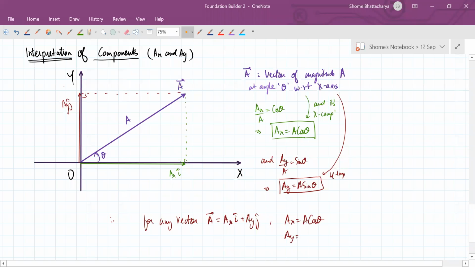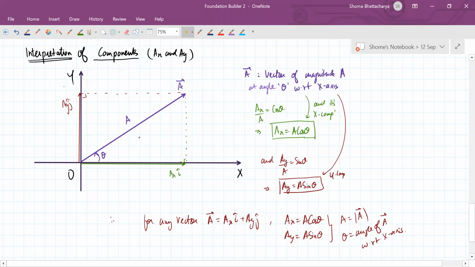The quantity ay is nothing but magnitude into sin theta, where A is the magnitude of the vector and theta is the angle of the vector A with respect to the x-axis.